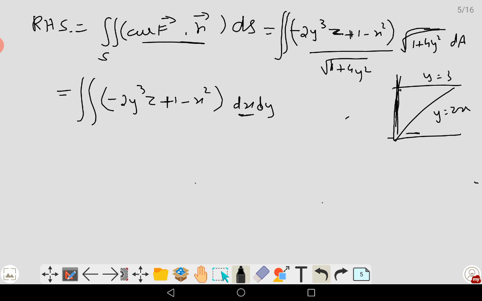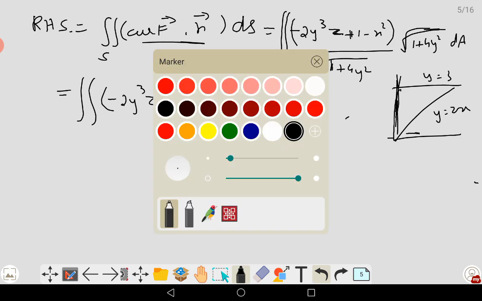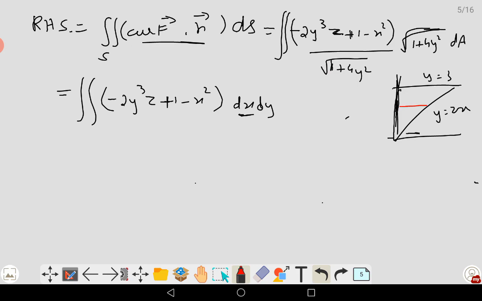So when we want to integrate with respect to x first, we need to take a horizontal strip, isn't it? Lower limit is 0, upper limit is x is equal to y over 2. And this strip should move in this direction from 0 to 3 for y. So that's the limits of y. Now we have to integrate, that's all.